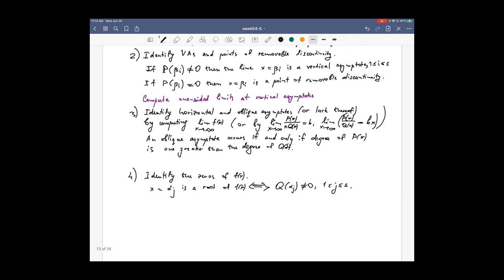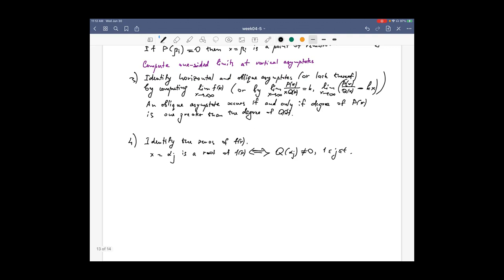Correction, from 1 to t. Also here, identify the behavior at zeros. The behavior could be either crossing, as we know, or touching.